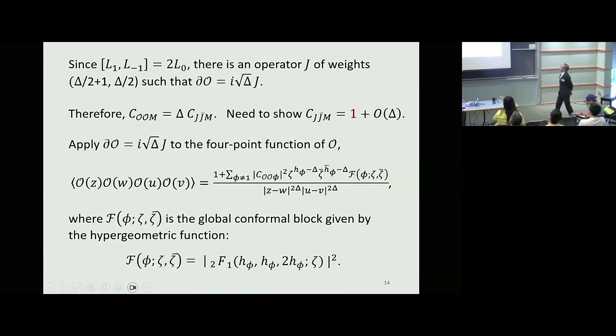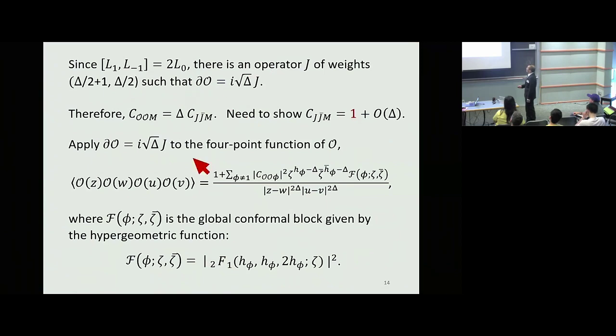Let me start with the following simple observation. We have this global SL(2,R) symmetry, the conformal symmetry, which we can use to show that if I take the derivative of this operator whose conformal dimension becomes small, there must be an operator j of this dimension multiplied by the square root of delta. This follows from the conformal algebra.